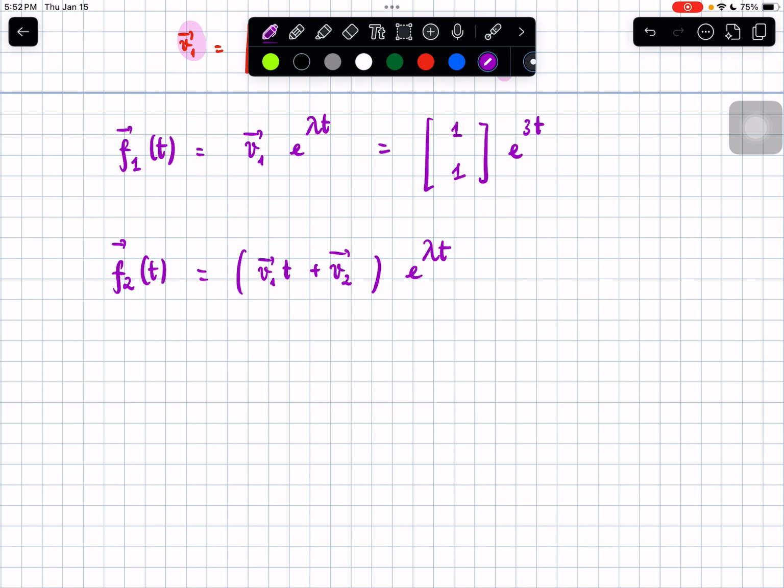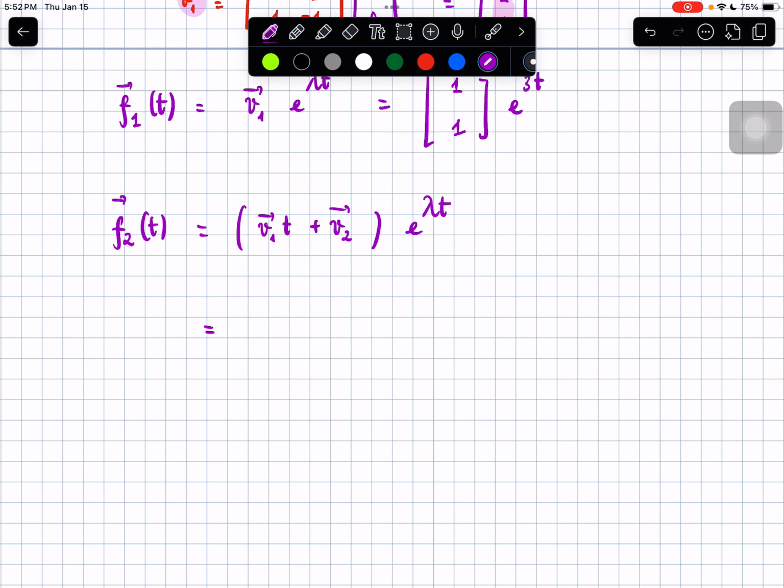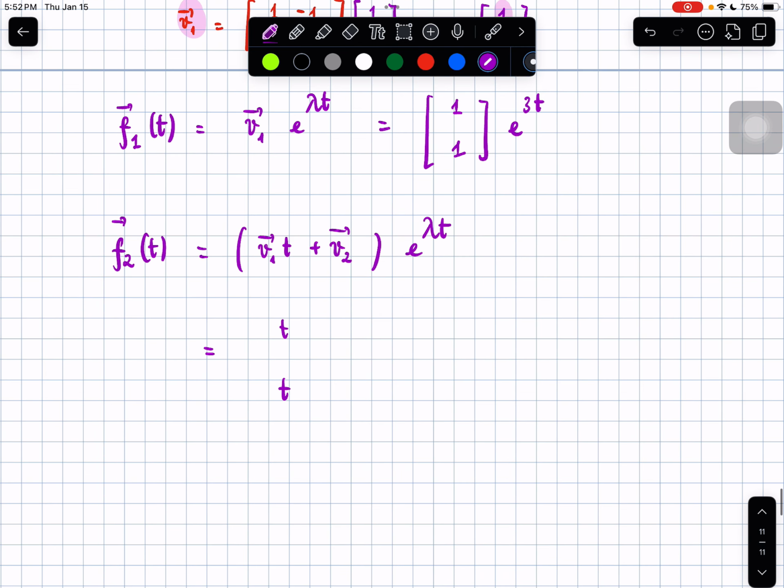So V1 t is t, t, plus V2, 1, 0, times e^(3t). So we get F1 and F2.